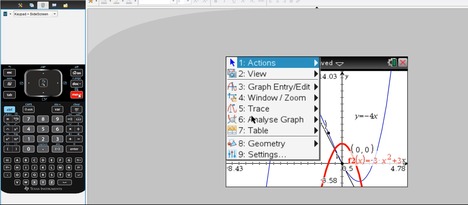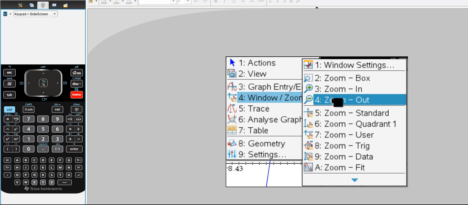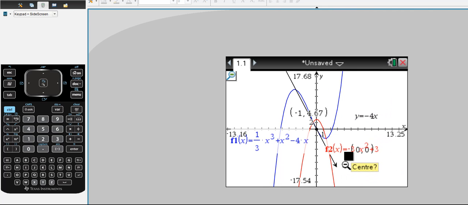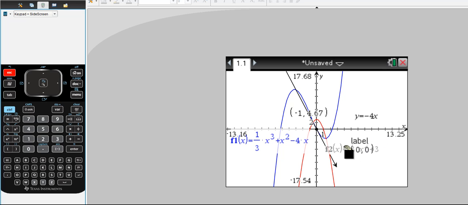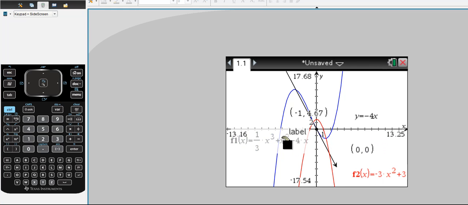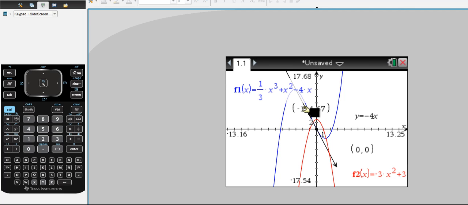I would like to zoom out a little bit so I get a better view. Zoom out, I click around here. Now I can see it a little bit clearer. Click escape, move all these things aside. We don't need those right now. There we go. So let's move this point as well. They're crossing around here and around here.